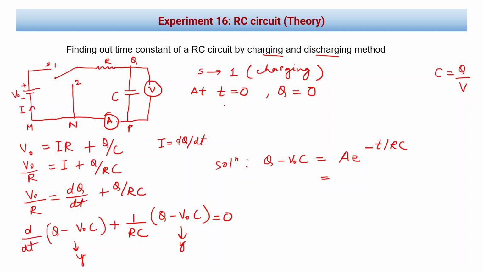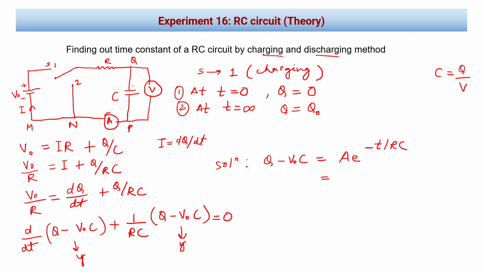Now with boundary conditions: at t is equal to 0, the charge was 0. And let's have another boundary condition also: at t is equal to infinity, when the loop is closed for a long time, the charge will reach the maximum amount possible.